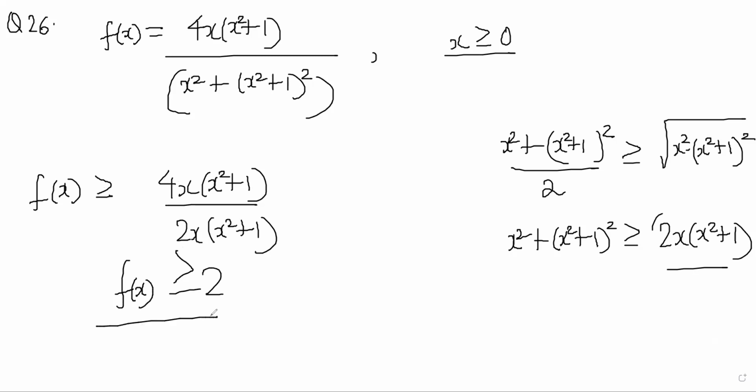So you're getting f(x) is greater than or equal to 2 immediately. So the only option that satisfies that is D, but let's worry about the maxima also. Let's think about the maximum part also.